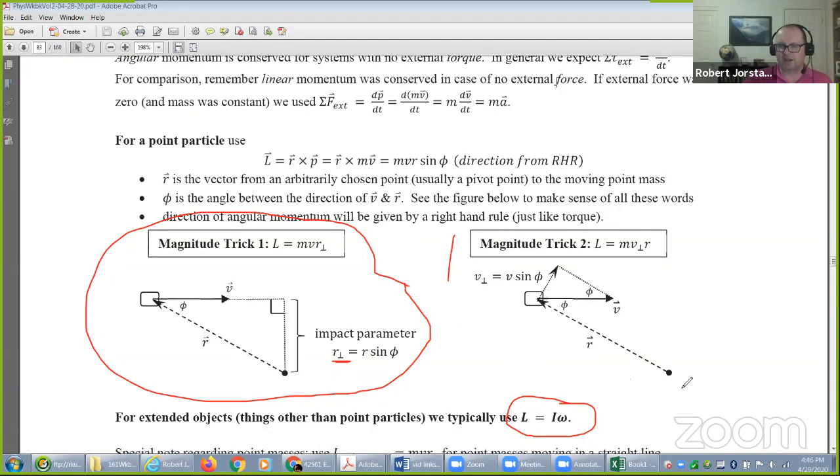Here's another trick that maybe you saw or maybe you've thought of. I forgot that sometimes students discover this on their own, so I decided to throw it in here. Look at this clever way of doing it. You can actually use this distance right here, and then you could use this velocity that is perpendicular.